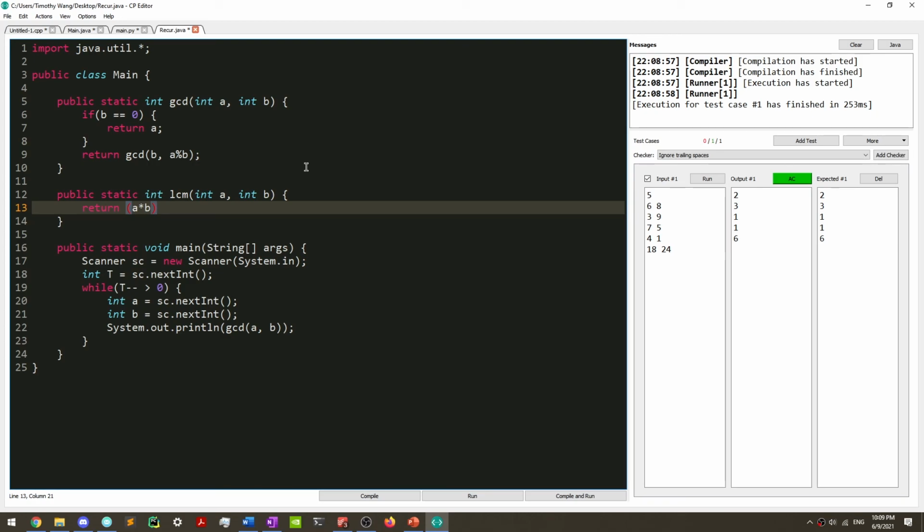A times B is a multiple of A and B. But what is the least common multiple? Well, what we can do is just divide it by the GCD between them both.